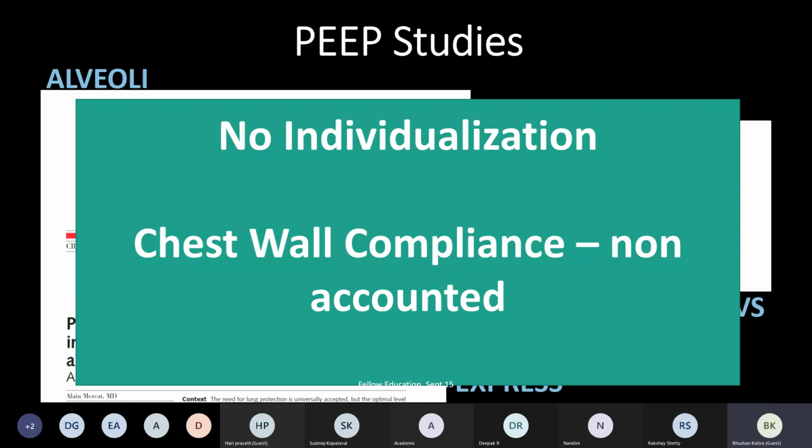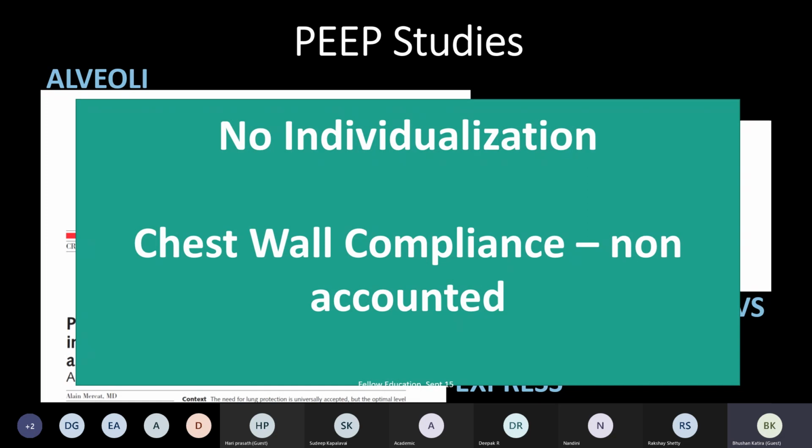Clinically, we probably do much better than these studies, in that we titrate PEEP to either respiratory mechanics or gas exchange, one of the two. Most of the time it is the gas exchange that we run behind, and that sometimes might be overstretching the lung. That is the real concern. But several of these studies had just assigned PEEP, which is a little bit interesting and a bit confusing for me.